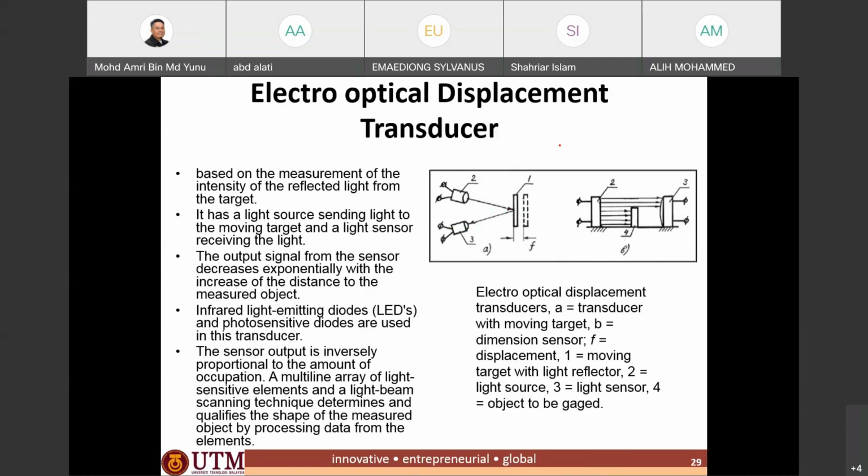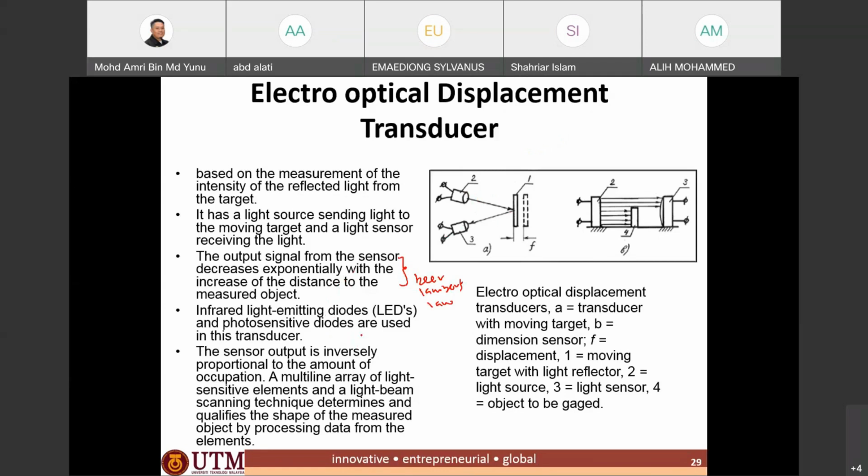So the output decreases exponentially with the distance. That's the Beer-Lambert law. Basically, when the distance is further, the output signal or the irradiance will decrease exponentially.